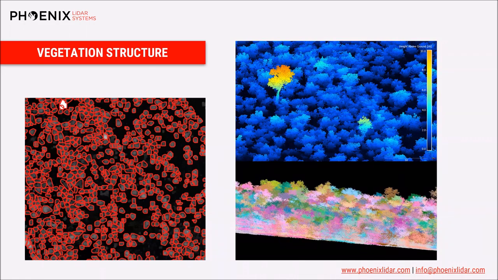Yeah. So when it comes to vegetation structure, when you're analyzing that, I see what looks to be vegetation segmentation and drawing polygons around different types of vegetation. Tell us a little bit more about what we're seeing here and some of the information you can extract from LiDAR. Yeah, so I first wanted to show this top right image.